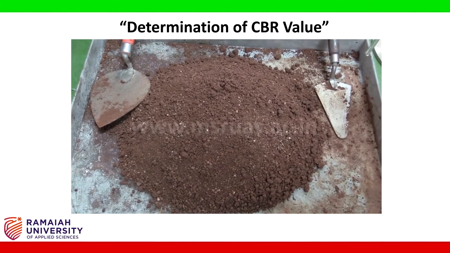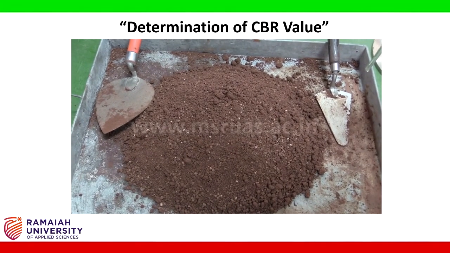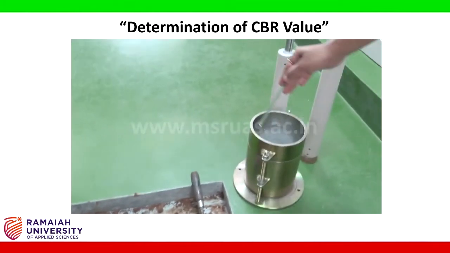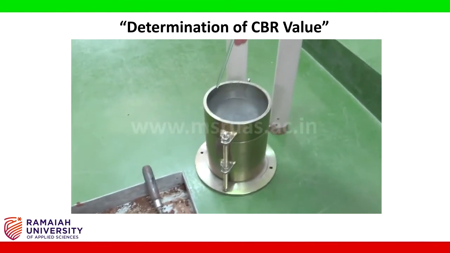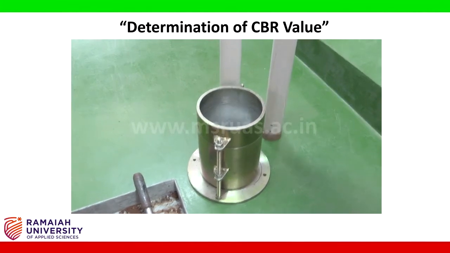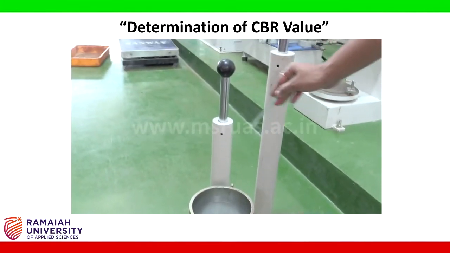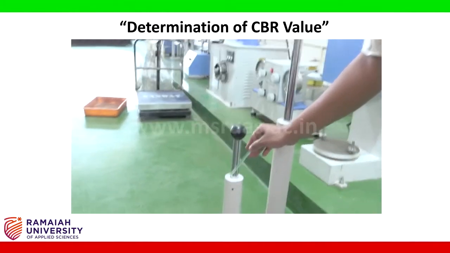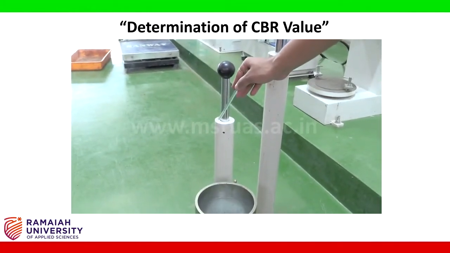So to begin with the compaction process, we have the mold which we have already prepared, and we have the rammers. We can use either of these two depending upon the situation at the site and as per requirement.